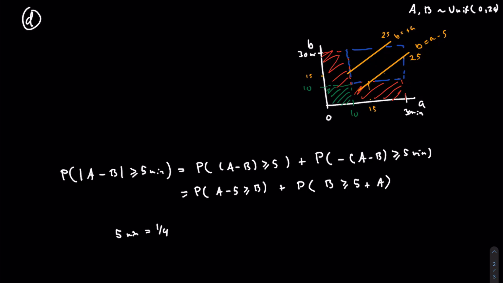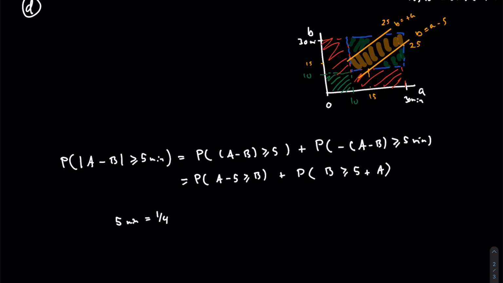All right, and this is the region where they will be within 5 minutes, so they will actually see each other. Now we are asked to find the other region, which is these triangles here, where they actually won't be meeting.